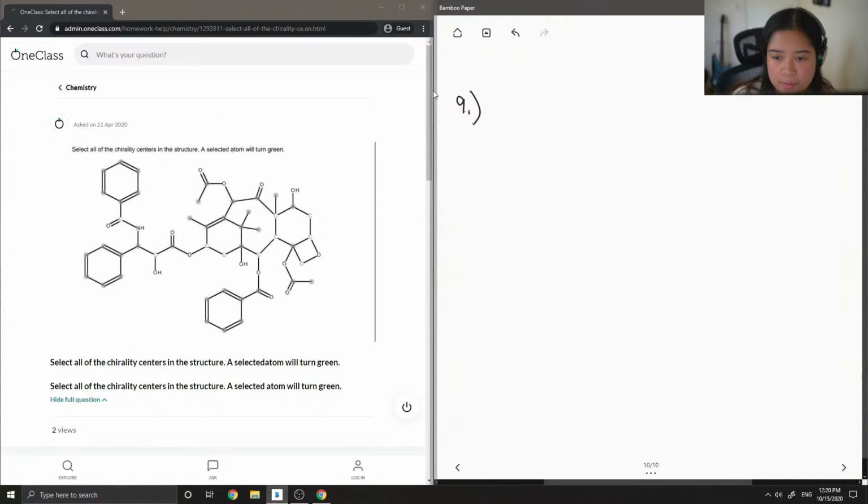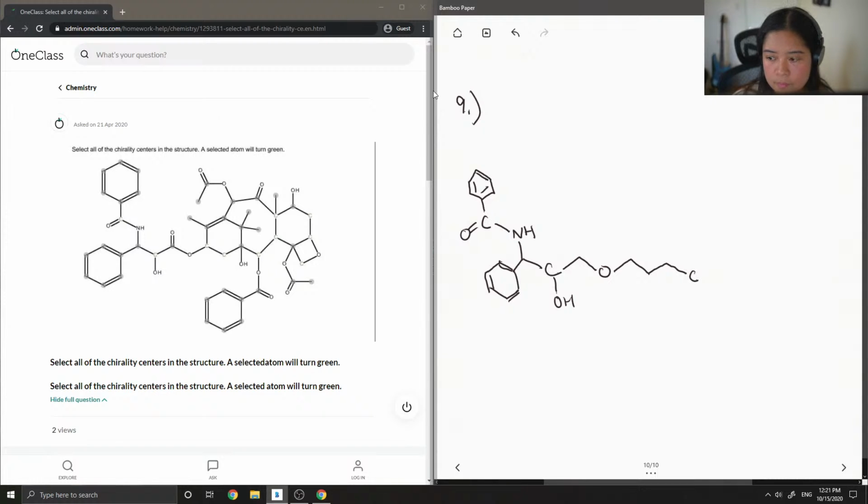Okay, so bear with me while I draw this all out. Okay, so it's a very large molecule.